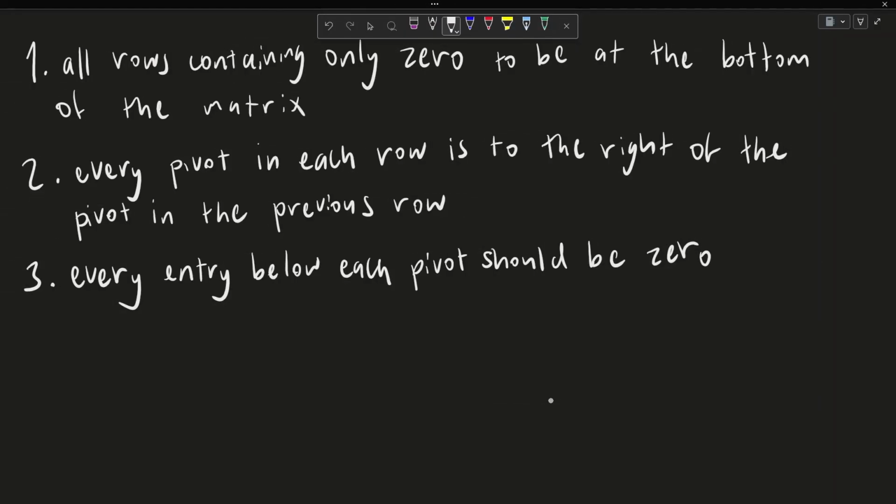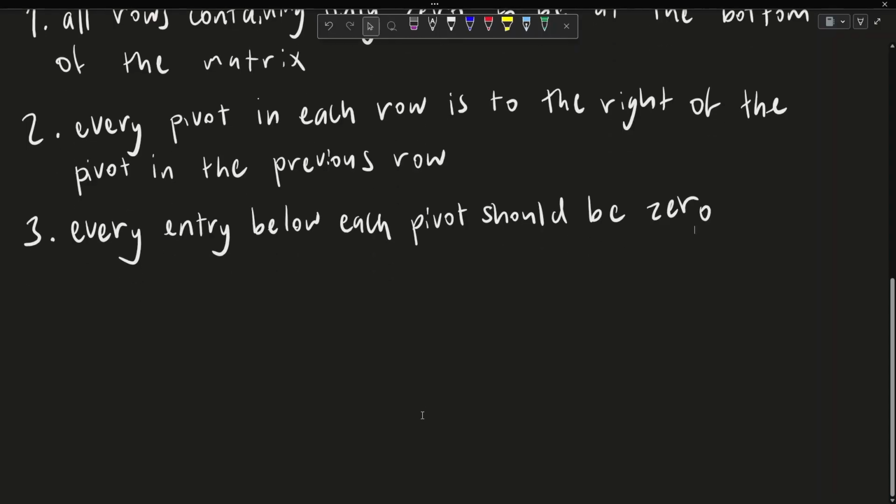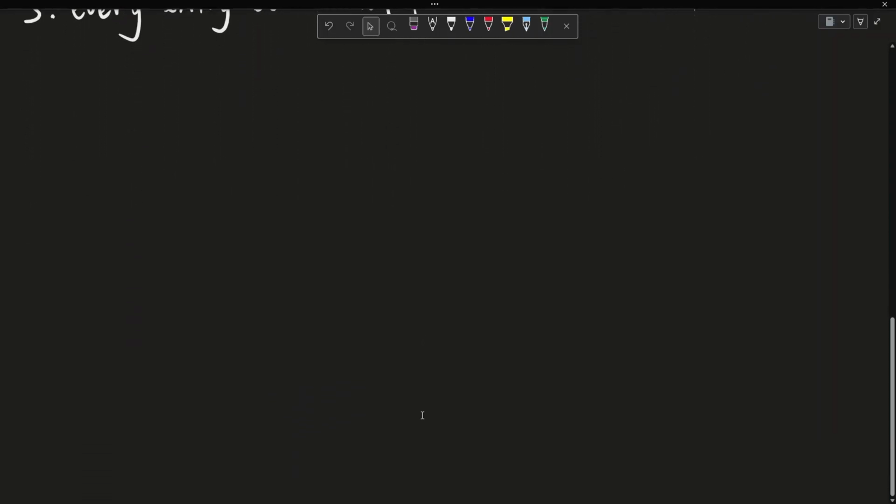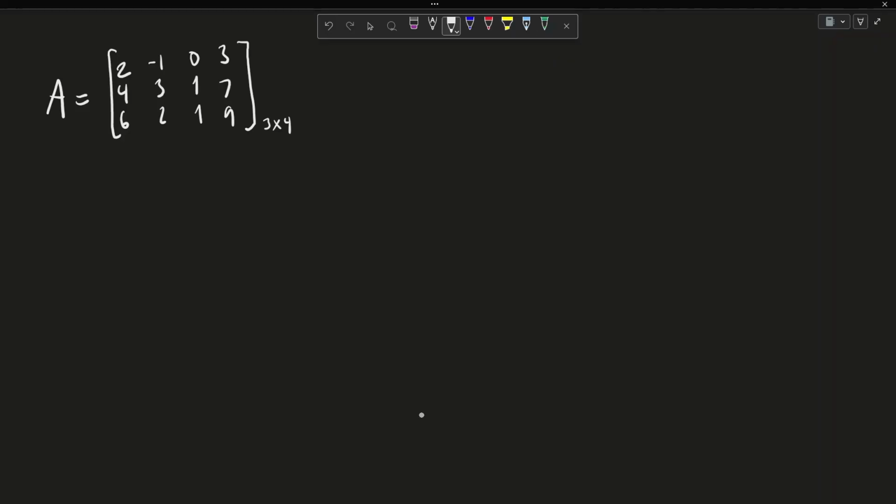So let's work through an example of how we'd create a row echelon form of a matrix. So here we have the matrix A, which is a 3 by 4 matrix. And the primary idea of transforming a matrix to a new matrix in row echelon form using Gaussian elimination is based on the idea of matrix elimination, which you can find a video for relating to elimination matrices in the card.